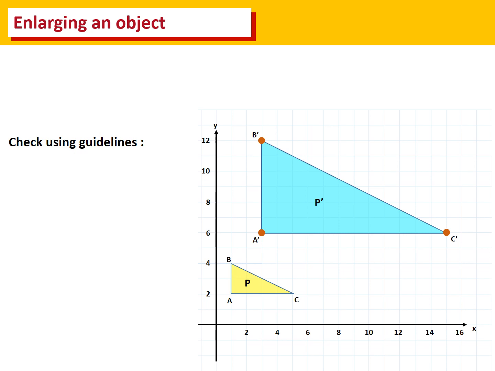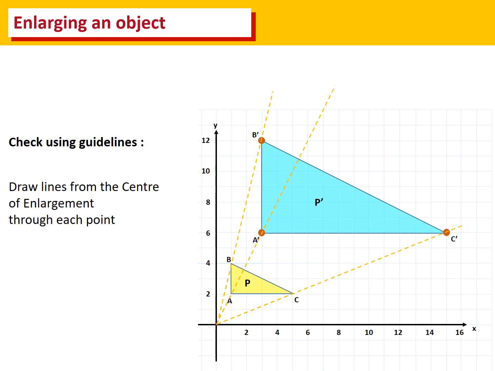We can check this using guidelines. If we draw lines from the centre of enlargement through the object point, it should pass through the image point. And there we go.